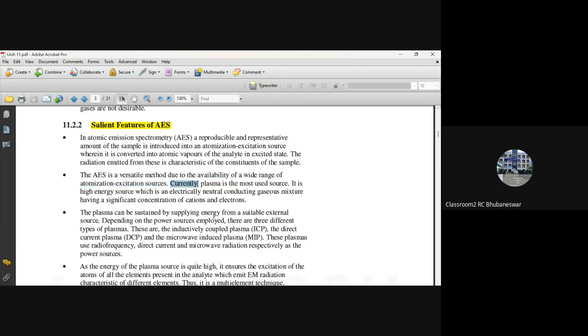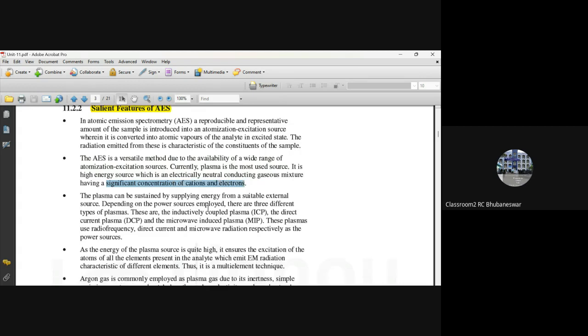So currently plasma is the most used source, and it is a high energy source, an electrically neutral, conducting gaseous mixture having significant concentration of cations and electrons. And the plasma can be sustained by supplying energy from a suitable external source.